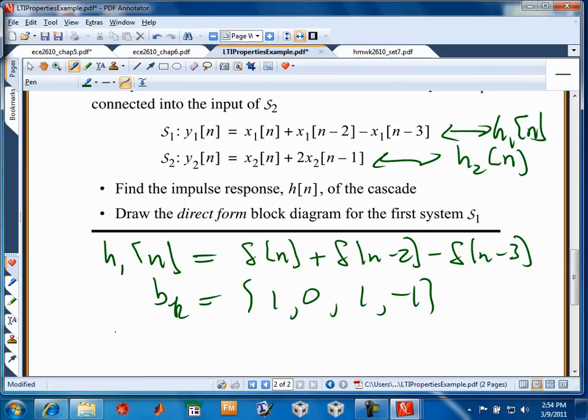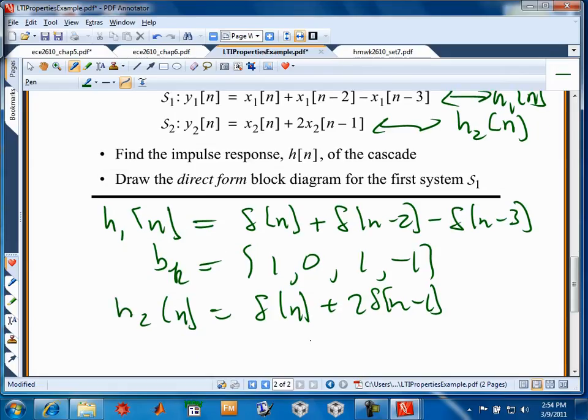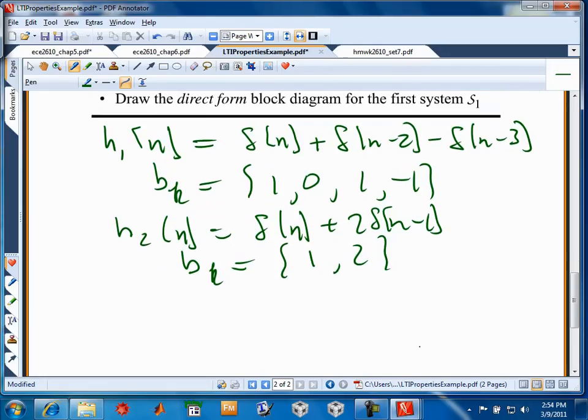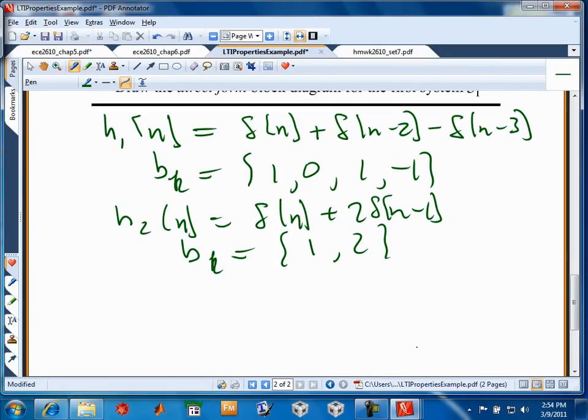And then for the second filter, h2 of n would be delta of n plus 2 delta of n minus 1. And then the bk's for that filter are 1, 2. So how are we going to convolve these two sequences together?